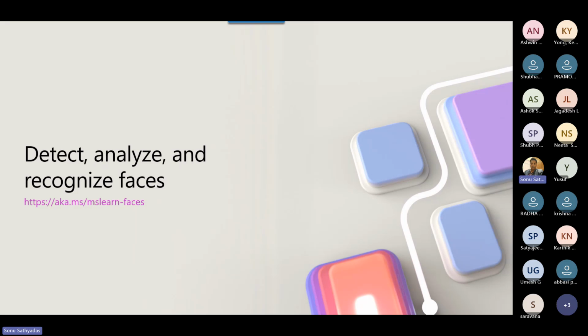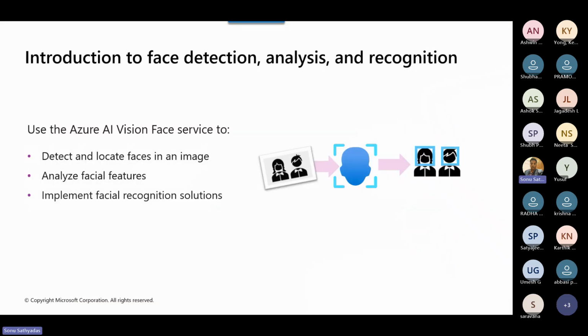Suppose I have to use Face API, first I need to submit a request form to Microsoft saying that, okay, I want to use Face API for this project, and this is the purpose, and this is what I want to implement. If they feel that this is okay and they approve, then only you will be able to create the Face API service.